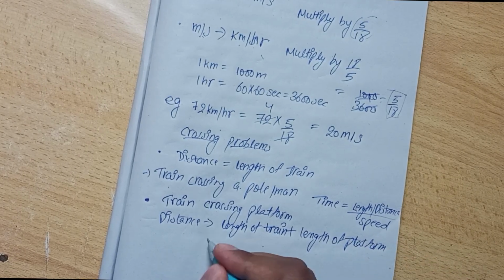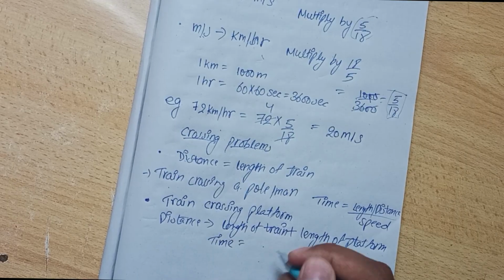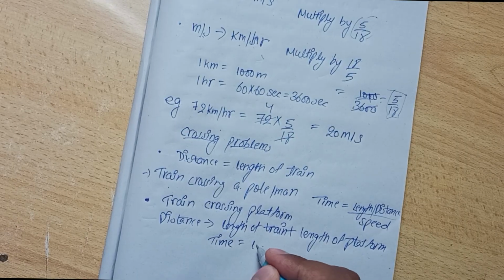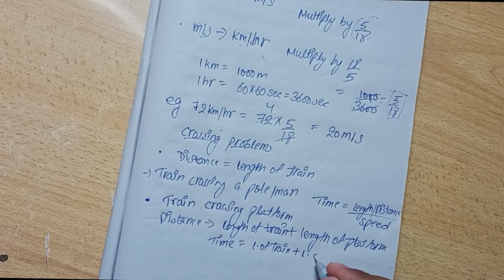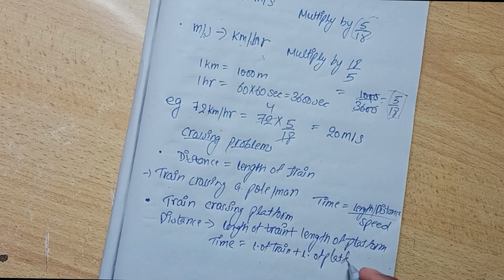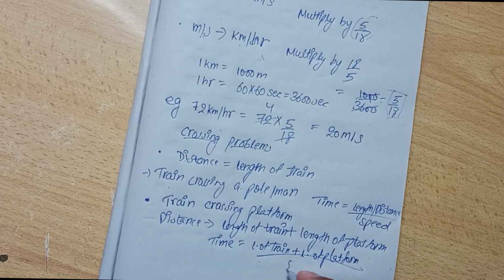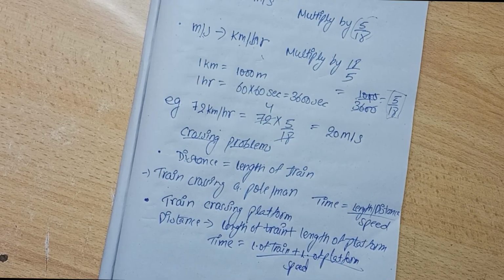And then we know how to calculate the time: time is equal to length of train plus length of platform, which will be our distance, divided by speed. This gives us the time taken by the train to cover that distance.